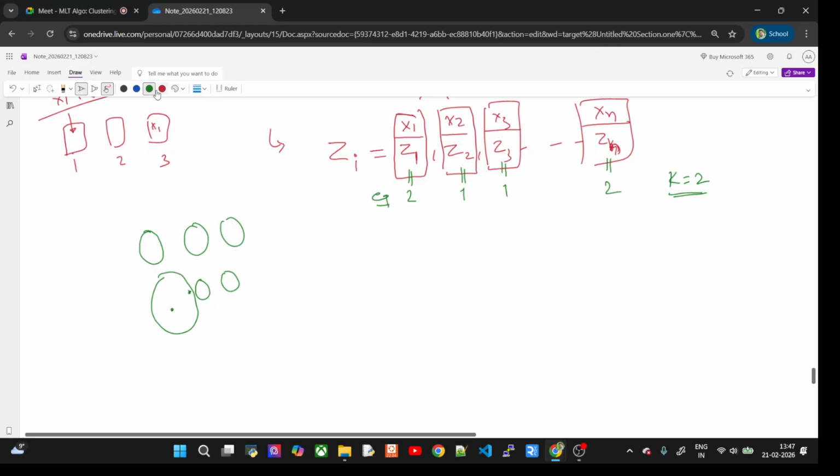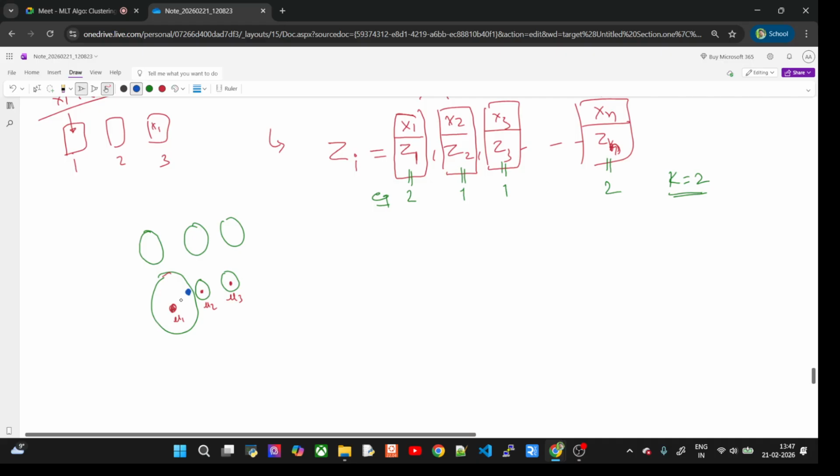I am saying the red dot is the mean of each group, called mu1, mu2, mu3. These are the means of each cluster. This is just for visualization, to help you understand. And this blue dot is one point. I am saying this point belongs to mu1 and not to mu2.